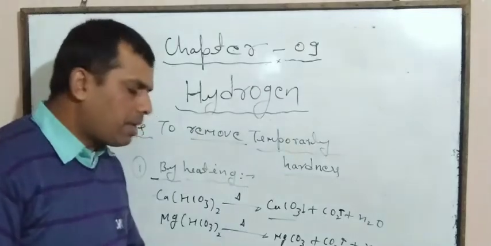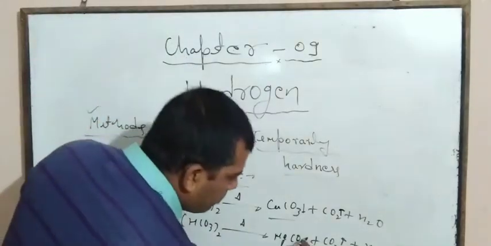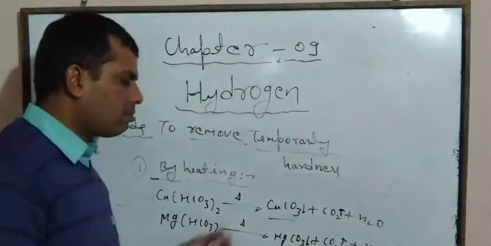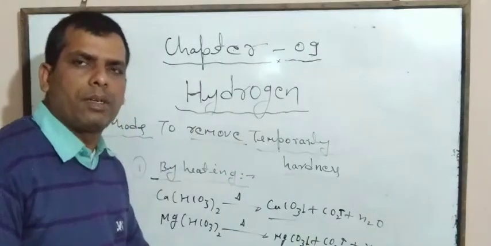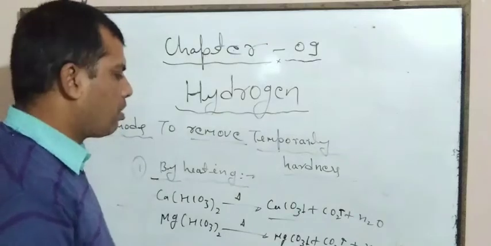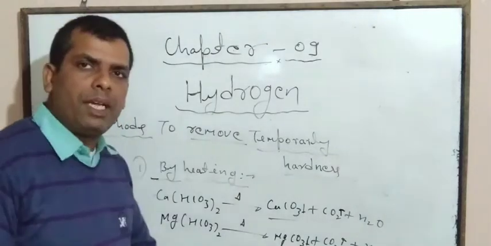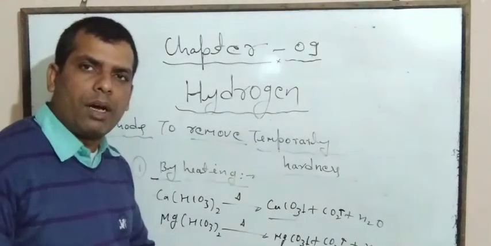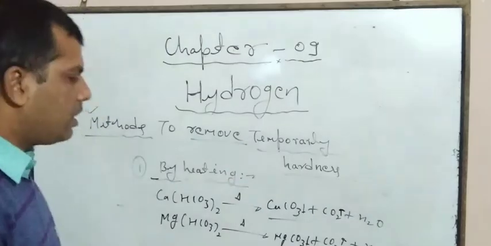Here also magnesium carbonate is a type of precipitate and settles down at the bottom. So in this way, by simply heating, temporary hardness of water is removed.